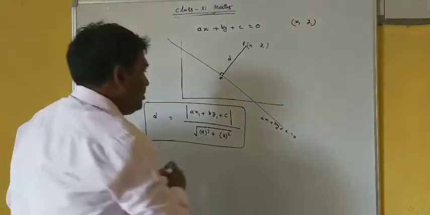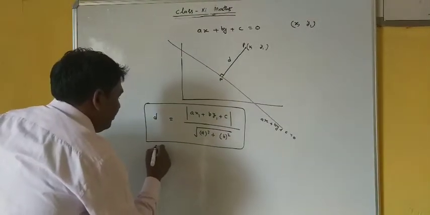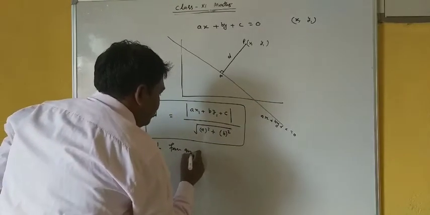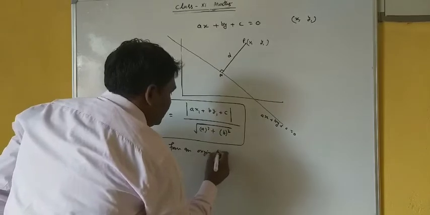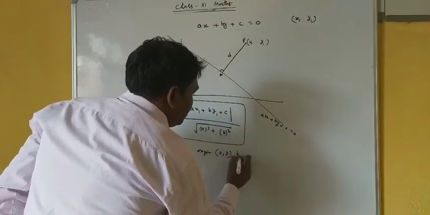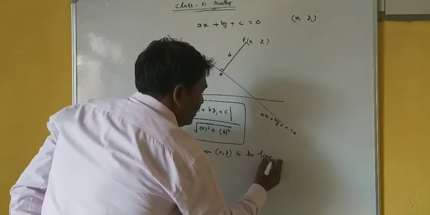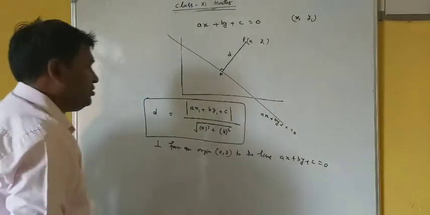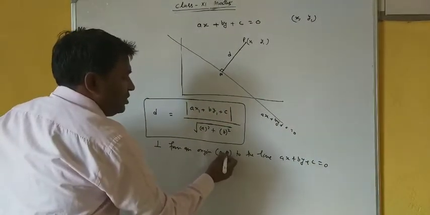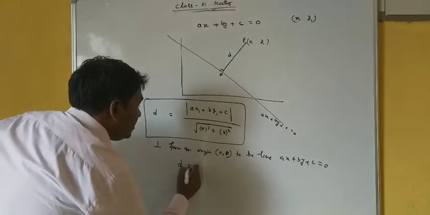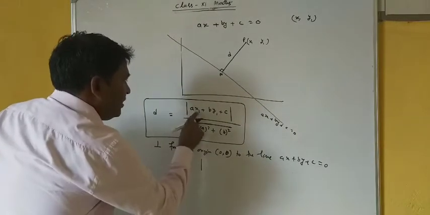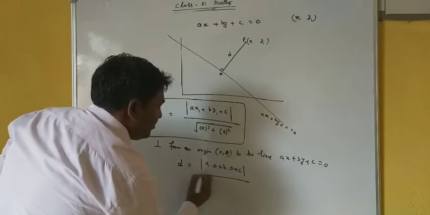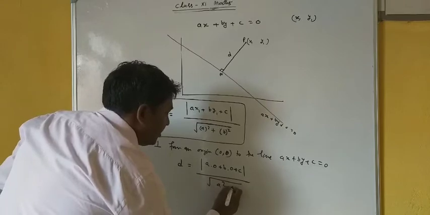Similarly, in general, the perpendicular distance from the origin (0, 0) to the line ax plus by plus c is equal to 0: again putting the value 0, 0 at the place of x and y, using the same formula we can write |a into 0 plus b into 0 plus c| divided by the square root of a square plus b square.